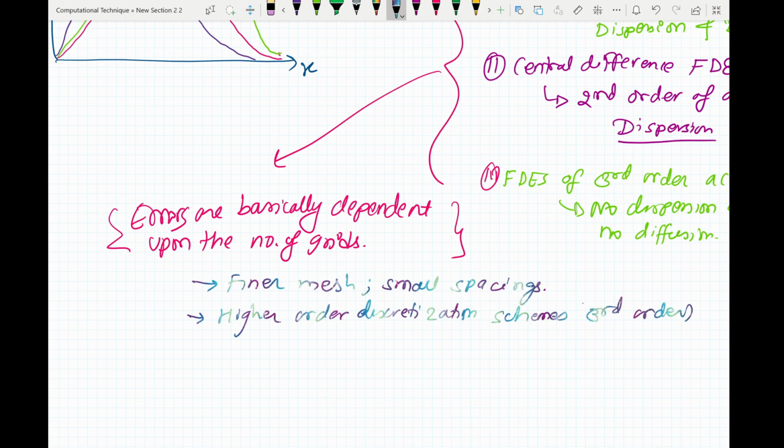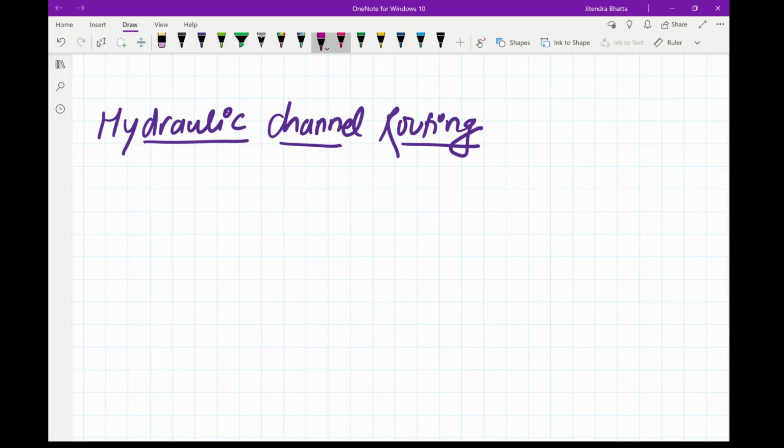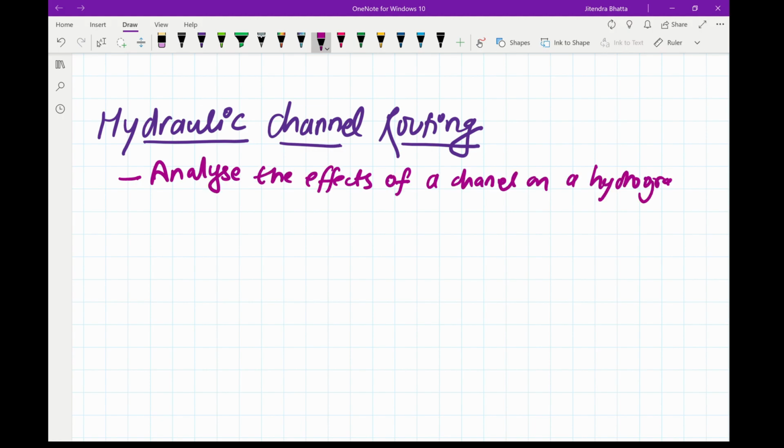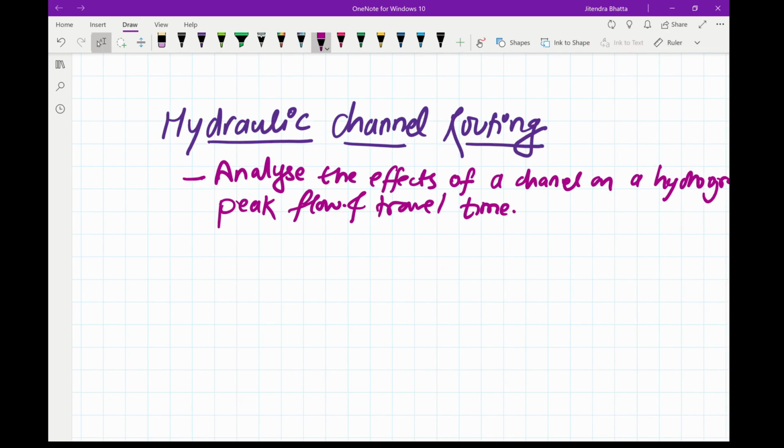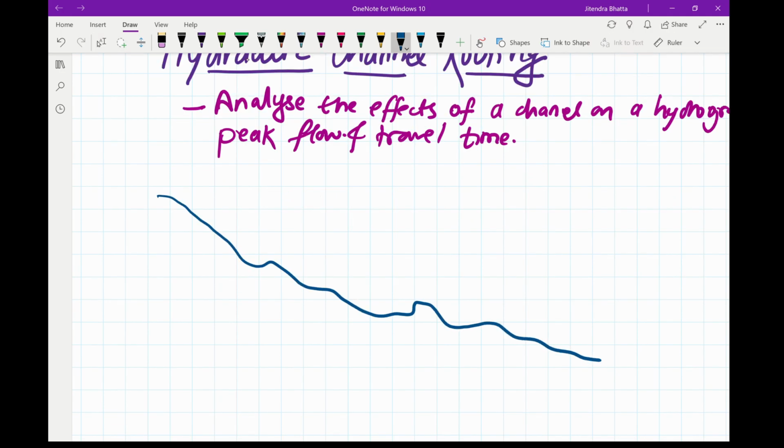Now let's move into another section which is known as hydraulic channel routing. Now this channel routing is used to analyze the effects of a channel on a hydrograph peak flow and travel time. When you have a channel, it may look something like this, and you'll have your water flowing like this.